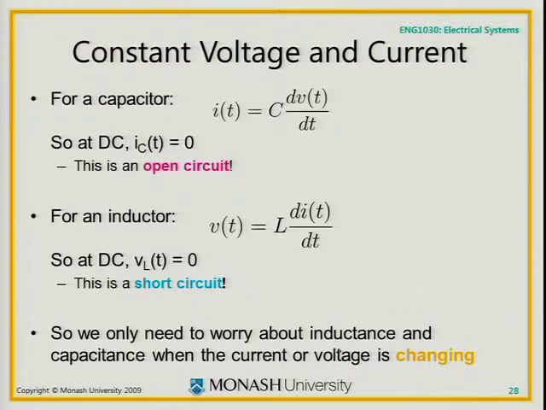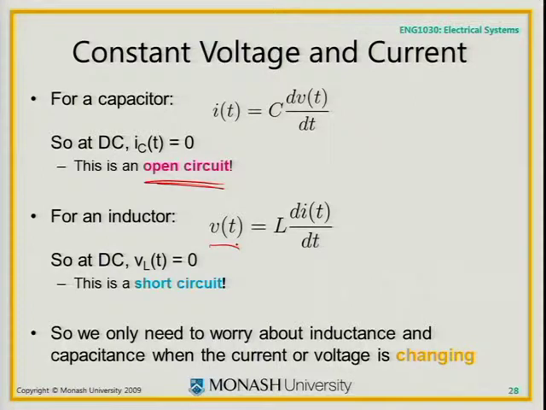I equals 0. So if you wanted to replace the capacitor by something to understand how it behaves in DC steady state when nothing's changing, well, it's I equals 0. It's an open circuit. No current will flow through that capacitor. An inductor, on the other hand, must be V equals 0, because the rate of change of current would be 0 if nothing's changing.